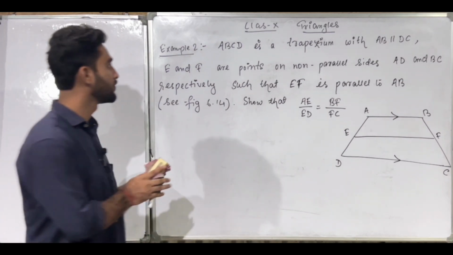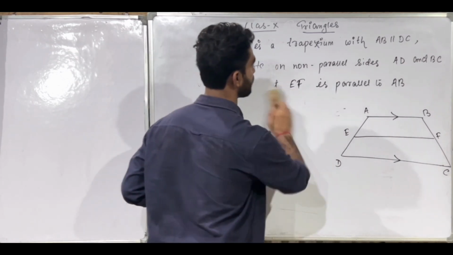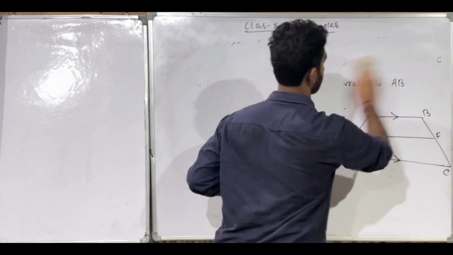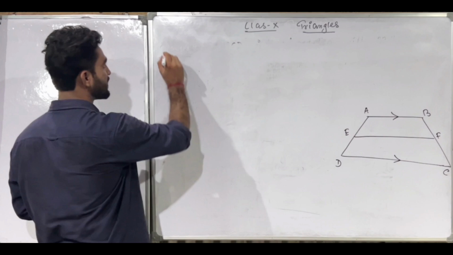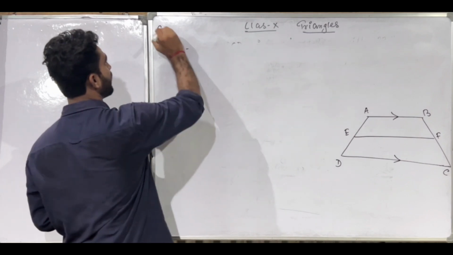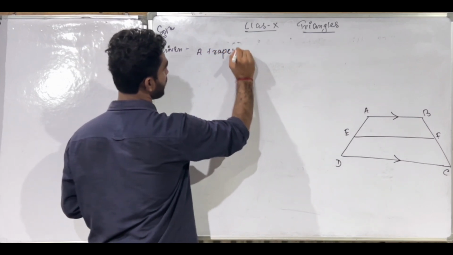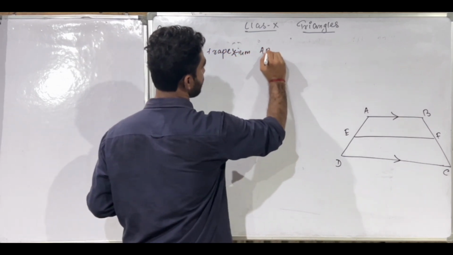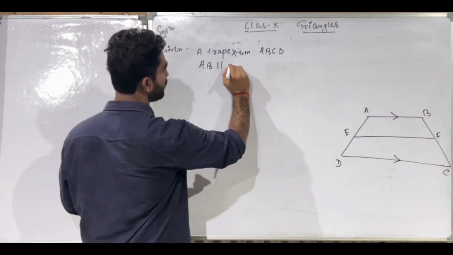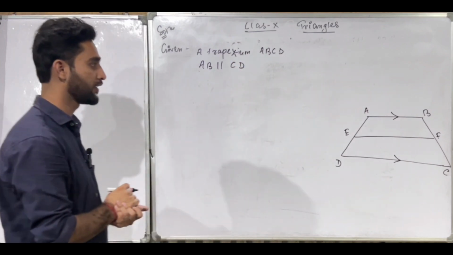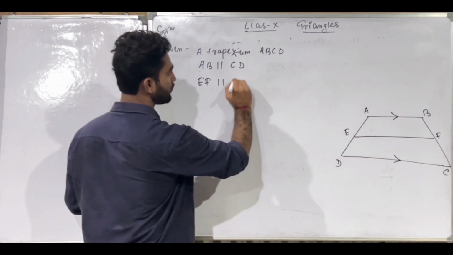Now let's prove. So what is given in the question? Given a trapezium ABCD, and in this trapezium AB parallel to CD or DC is given, and one more piece of information is given, EF is parallel to AB.